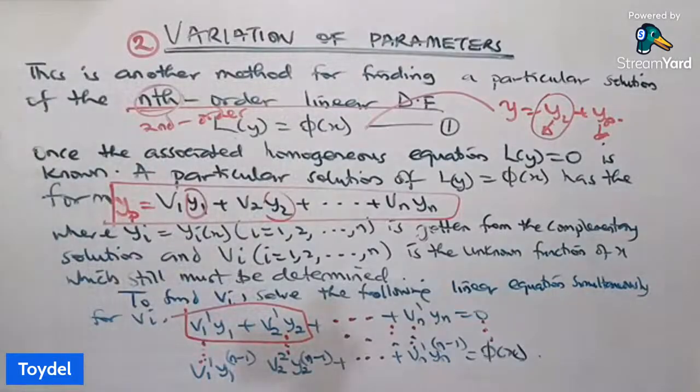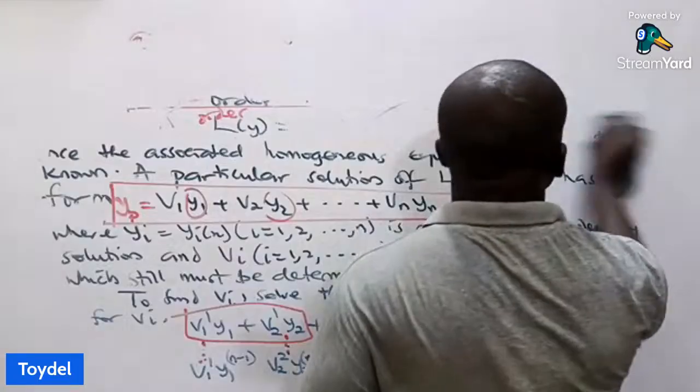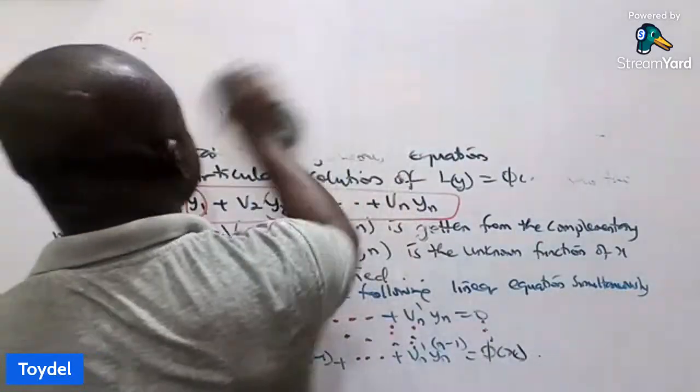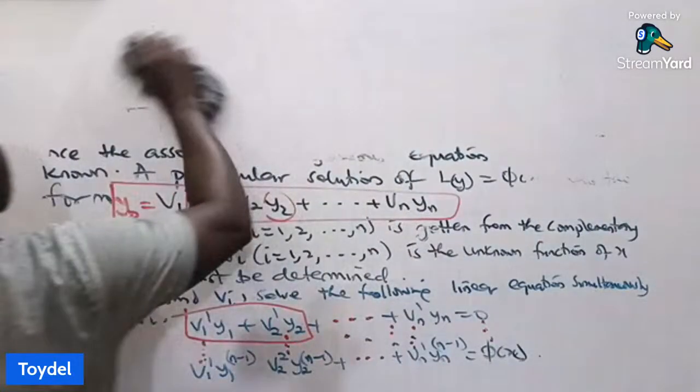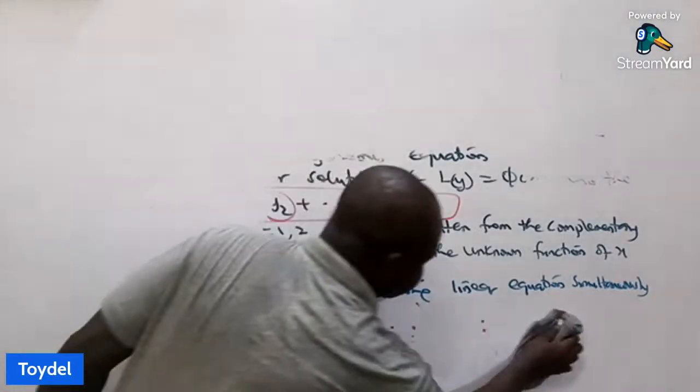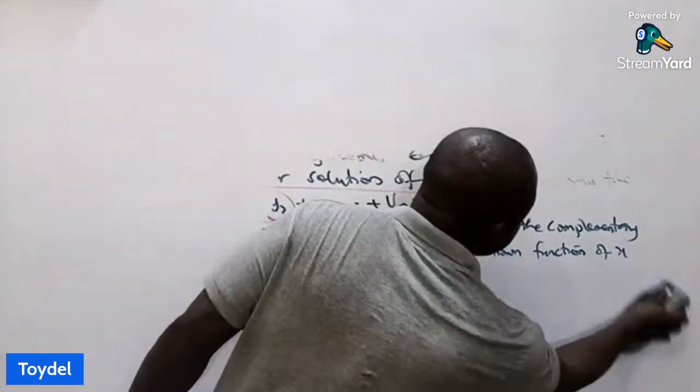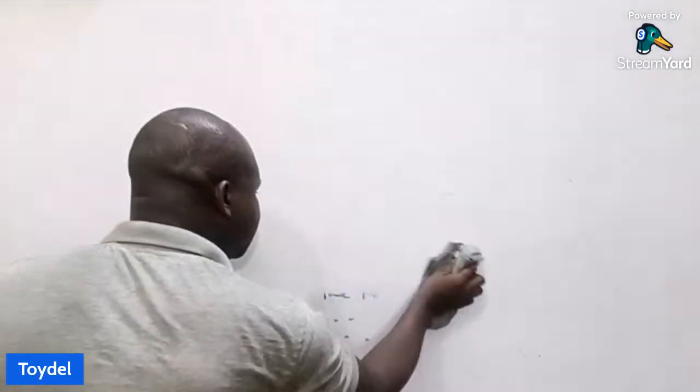So I'm going to use an example to buttress my points on how to use variation of parameters to find the second solution of a non-homogeneous differential equation, which is the particular solution. I'm going to repeat the same example that we used under the first method, so that we'll be able to compare the two results and see if we can actually apply any of these two methods.